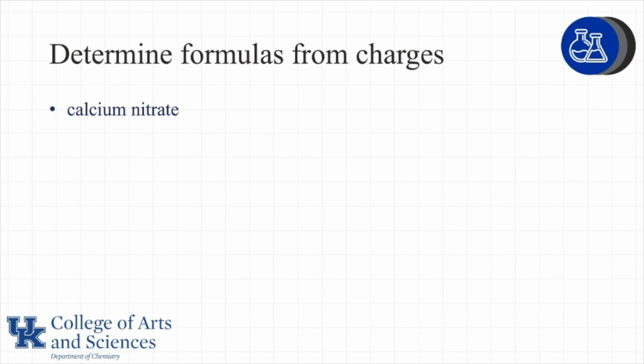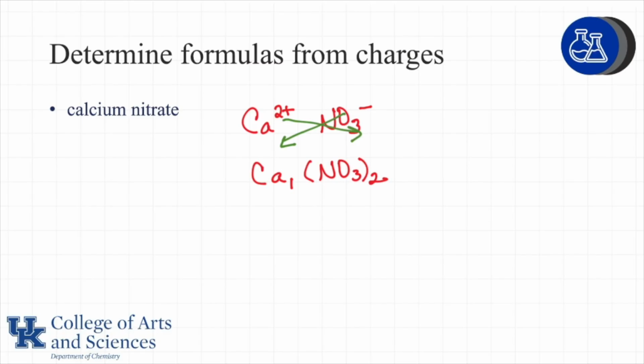Let's look at some more examples. Calcium nitrate. We have calcium, which has a 2+ charge. It's in the second column of the periodic table. Nitrate, and we know this just from learning them, NO3 with a -1 charge. We crisscross down, just like we did with our monatomic ions, and we get Ca1 NO3 2, but we're going to omit that 1 by the calcium because we don't write 1s in formulas.